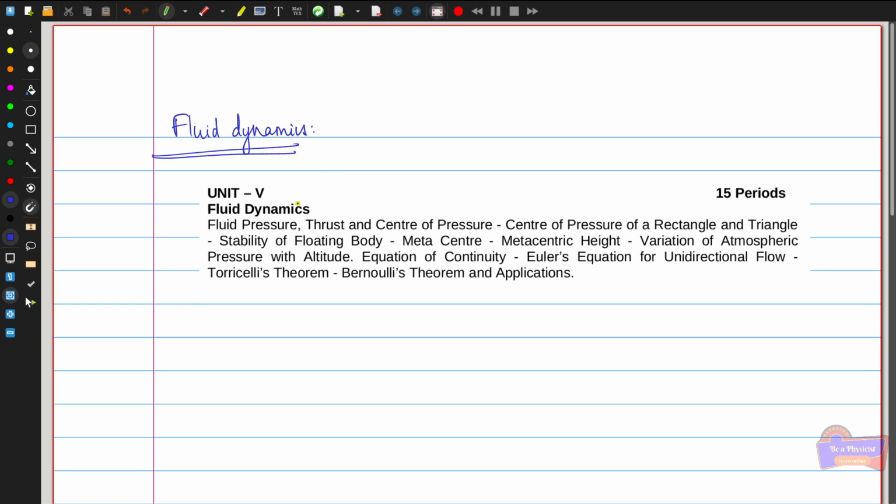How the pressure varies as we go into the liquid, and how the depth affects the pressure of the liquid, everything we are going to see.